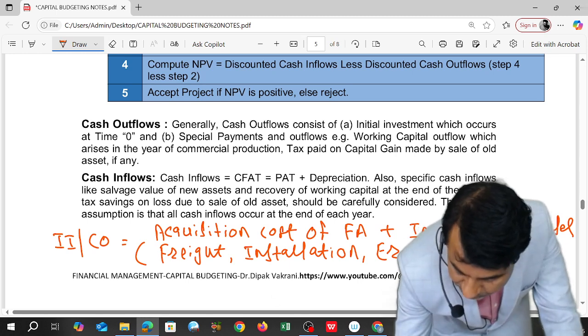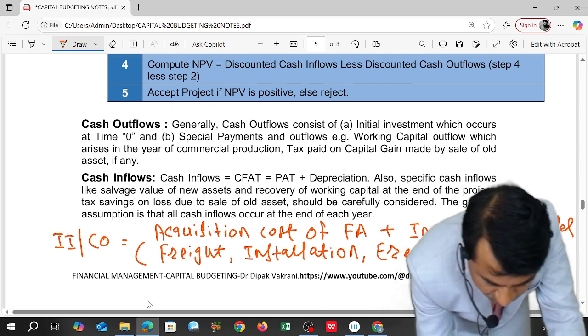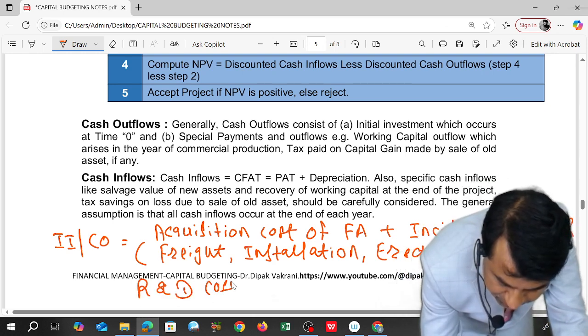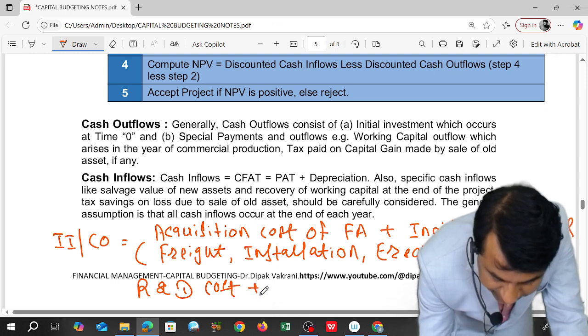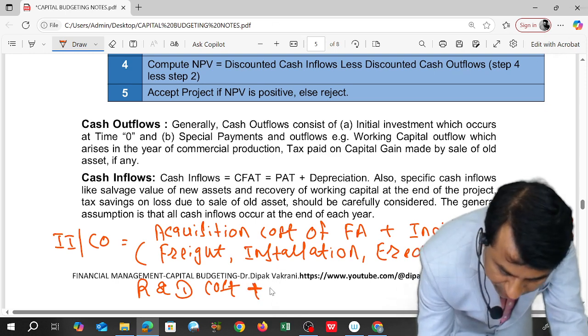Plus what we need to add is any survey cost if it is given, or you can just call it research and development cost for the particular project there, plus any extra amount of working capital required.